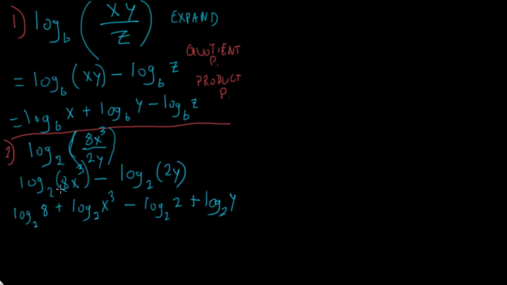Okay, so we split all of this up using the product property. So we started with the quotient property, and then we split it up using the product property.